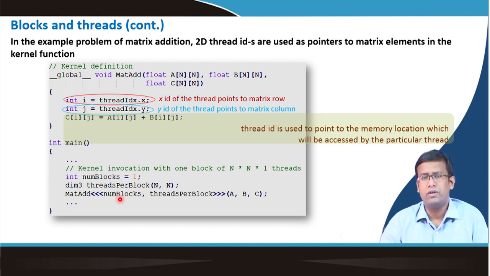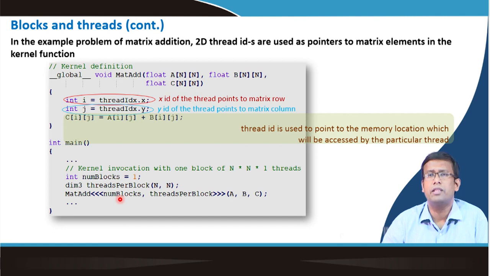So even if we are launching a large number of threads, say we are operating over a 10 to the power 6 into 10 to the power 6 matrix, so we are launching 10 to the power 6 into 10 to the power 6 threads, we are getting parallelism only by a factor of 32, because at one go only 32 threads are active. So we are not getting the right scalability.